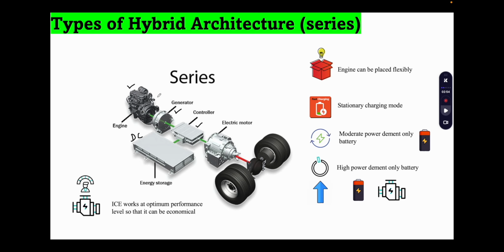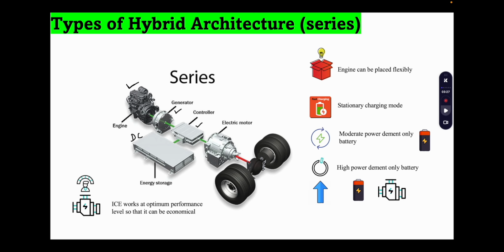In this case, the advantage is that the engine can run at optimum speed. For the engine, the torque-speed characteristic is more efficient in the higher speed range. So if you use the engine in an efficient way, you can run it at high efficiency and generate the energy through the generator without much loss.